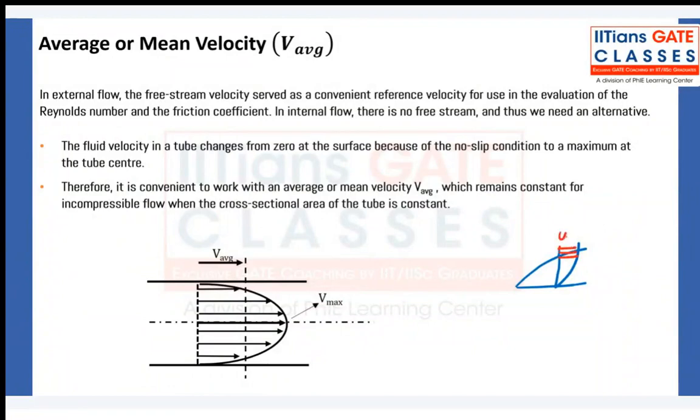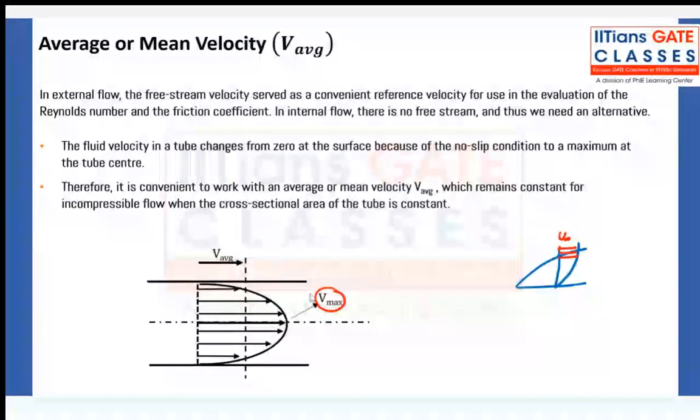But in internal flows, it never reaches u infinity. It keeps changing, and it reaches, let's say, v max, but it is still not u infinity. It is something different from u infinity. So there is no criterion of u infinity in internal flow.